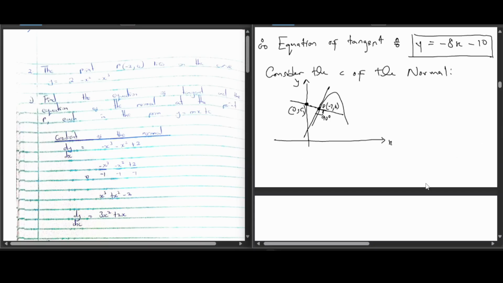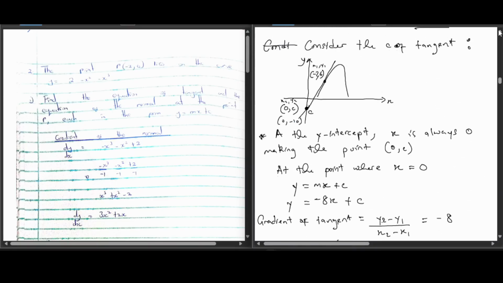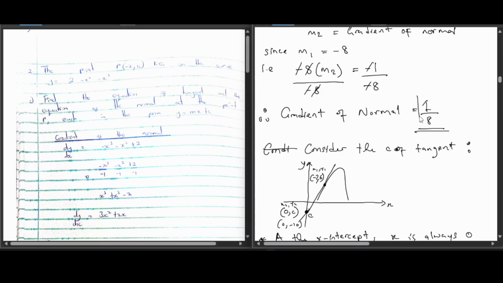So we are going to do the same operation. What are we going to do? We are going to say gradient of normal is equal to y2 minus y1 over x2 minus x1, which is equal to, as we calculated above, 1 over 8.